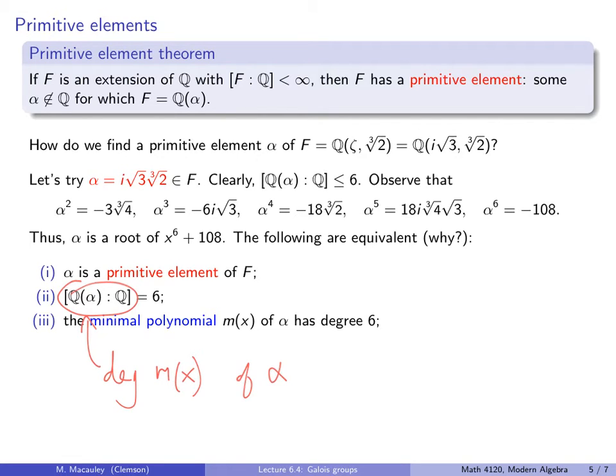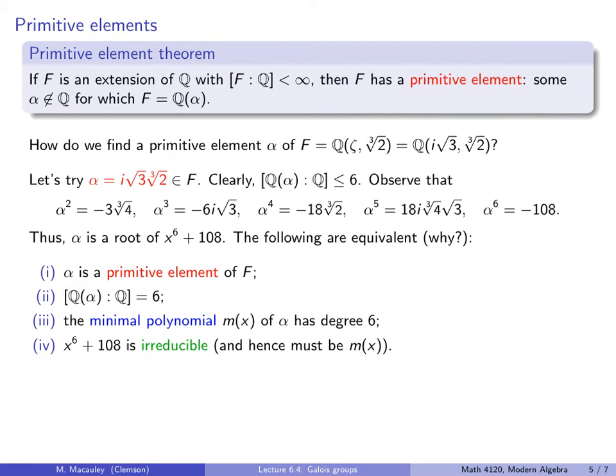So if the minimal polynomial of alpha has degree 6, then that is the same thing as saying this field extension has degree exactly 6. Finally, the last condition is that x to the 6th plus 108, that is this polynomial right here, is irreducible.